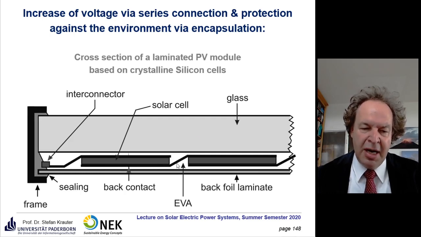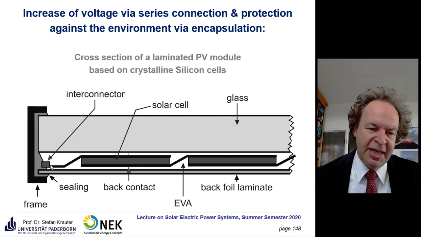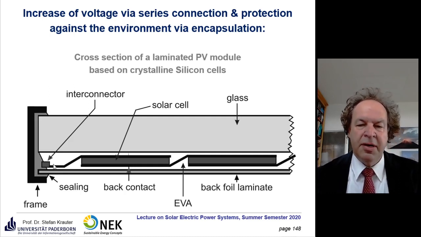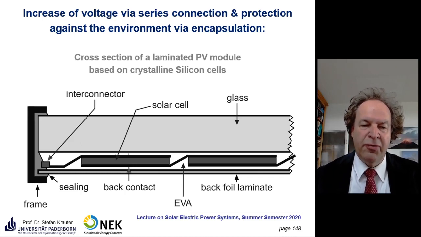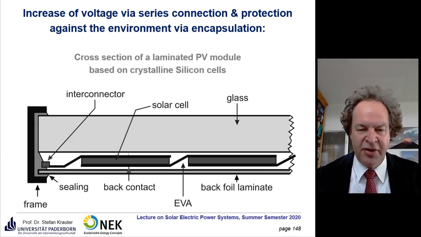So you allow the cells to expand at a different rate than the rest of the laminate. Then you have here the string interconnector. Usually that's not directly at the ceiling, it's a bit apart from the frame to allow good insulation. Remember, the latest modules have a voltage of 1000 to 1500 volts, so they have to be kept at a distance from the metallic frame.